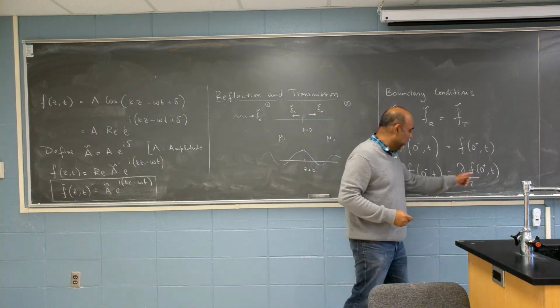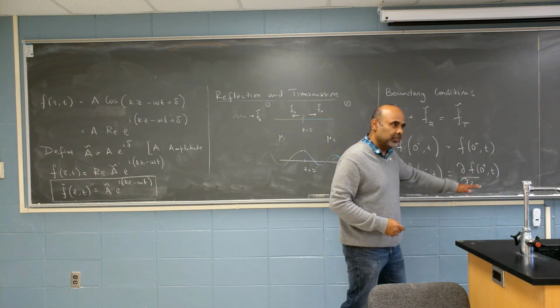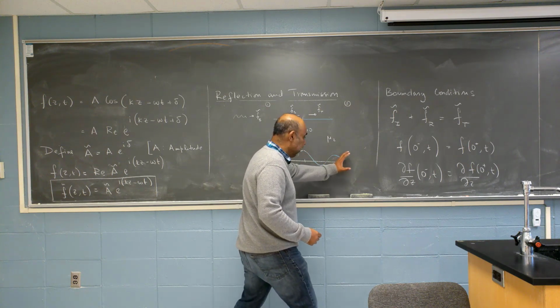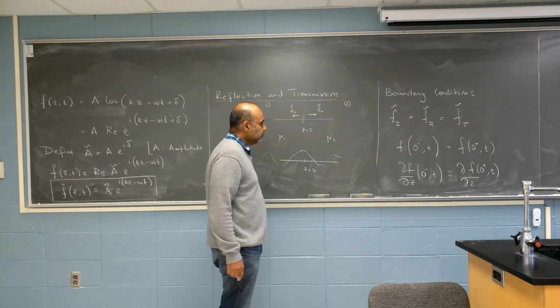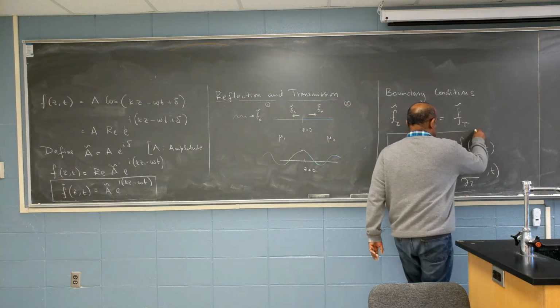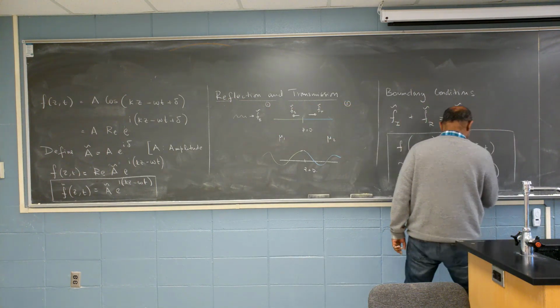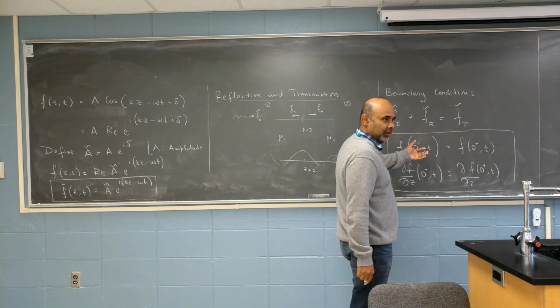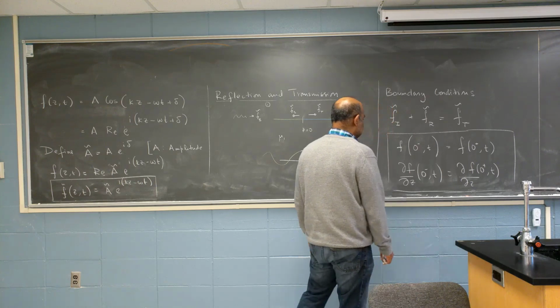You see what I mean by 0 minus and 0 plus? As you take the limit of the derivative from this side and this side, they have to be the same. Now by f I mean the net on both sides, huh? That's what I mean.